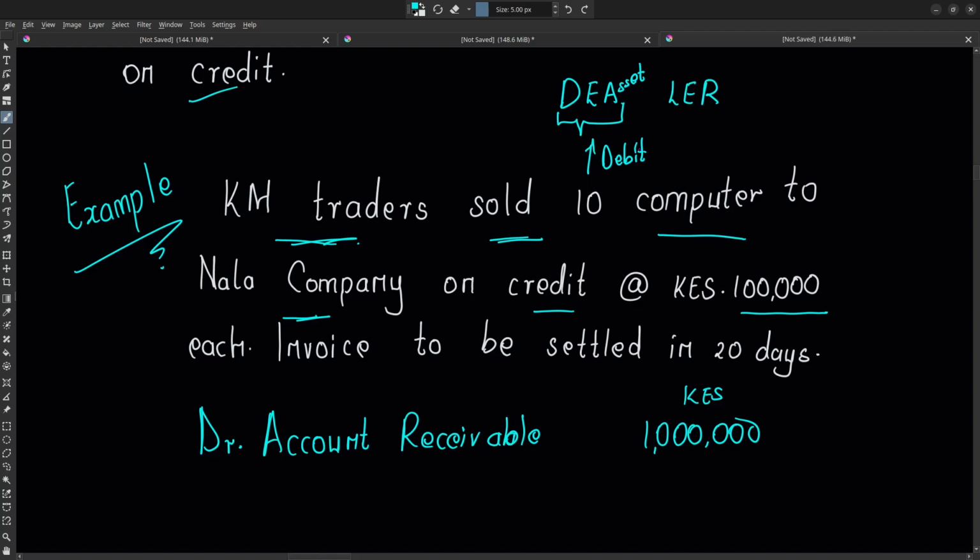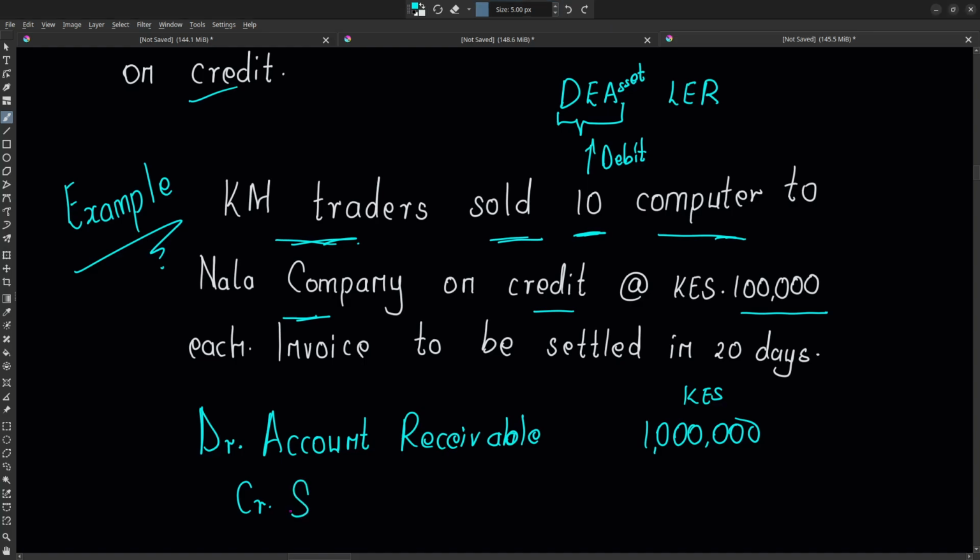And then what happens on the other end is, remember, something has happened: 10 computers have left this business. Because you have actually released these computers, first you need to recognize this sale.